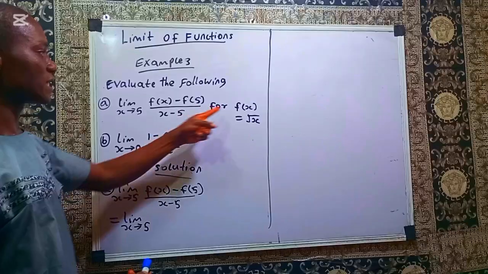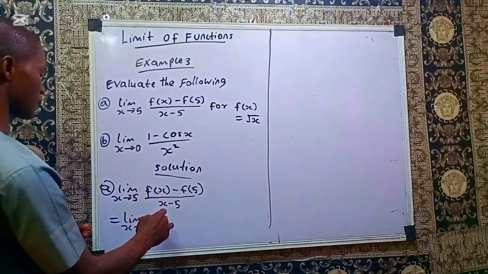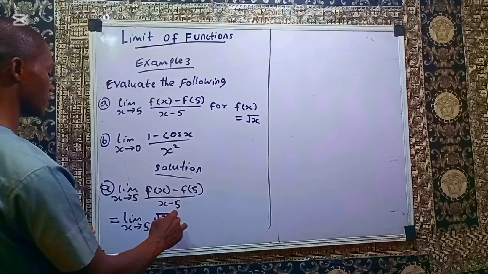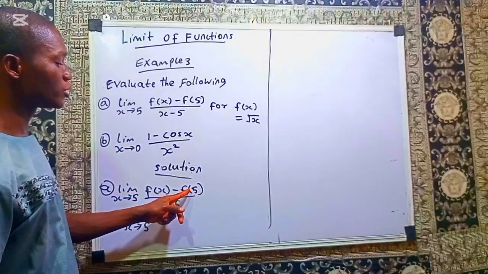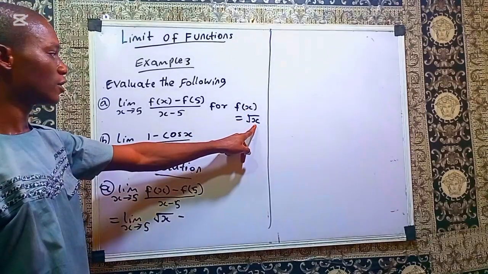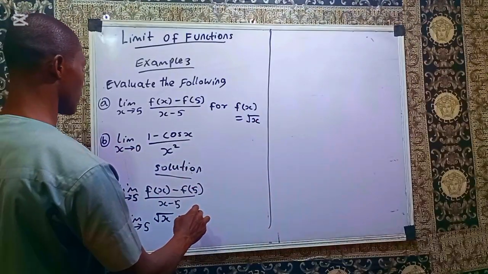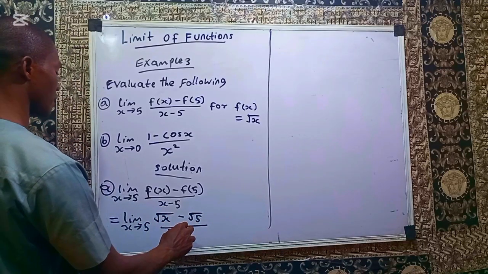Then they told us that f of x is the square root of x. So instead of f of x, I will put square root of x minus f of 5, which means the value of your function when x is 5. So we'll put 5 here. You'll now have square root of 5, all divided by x minus 5.